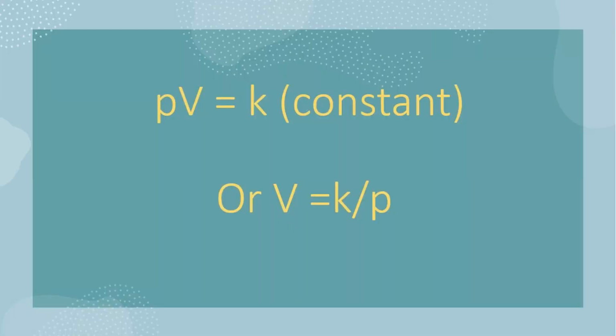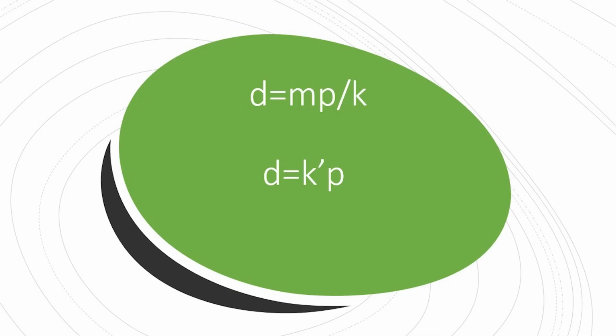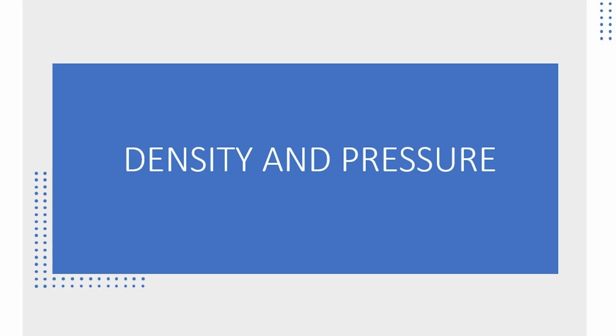We know that PV is equal to a constant according to Boyle's law, or we can say that V is equal to k by P. We can substitute the value of V in the equation for density. So we get density D is equal to m into P divided by k, or D is equal to k dash into P. From this relation you can see two variables, density and pressure, and k dash is a constant.